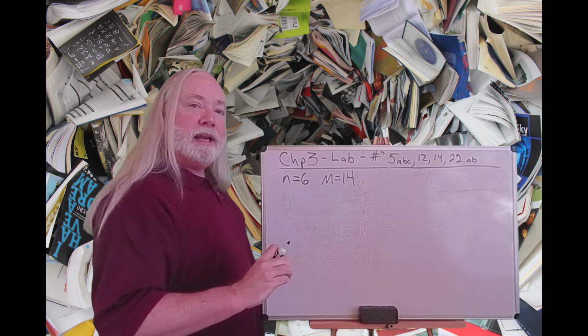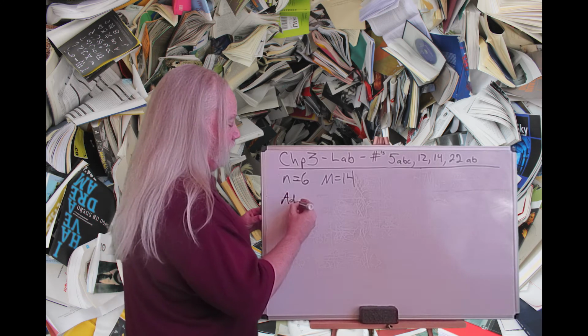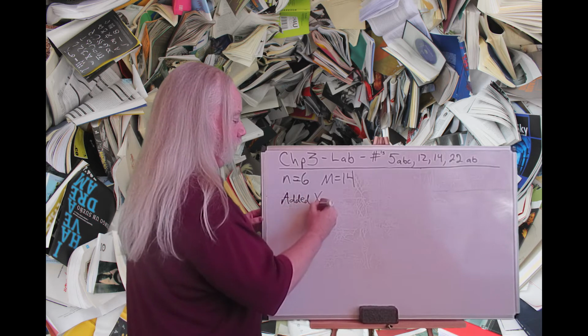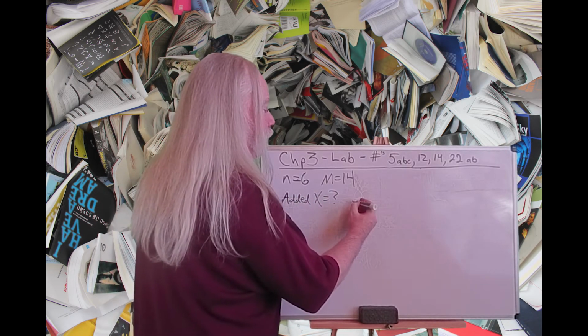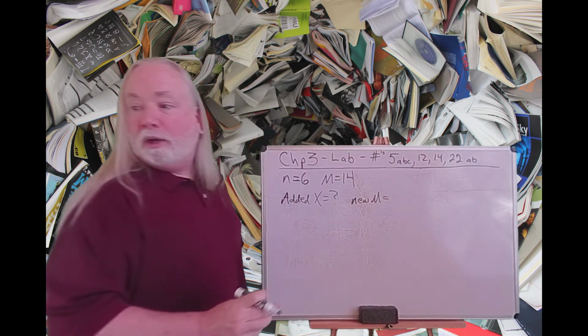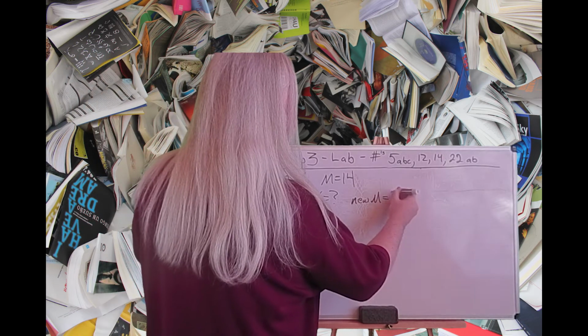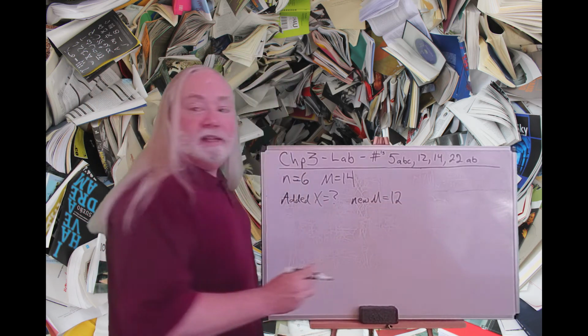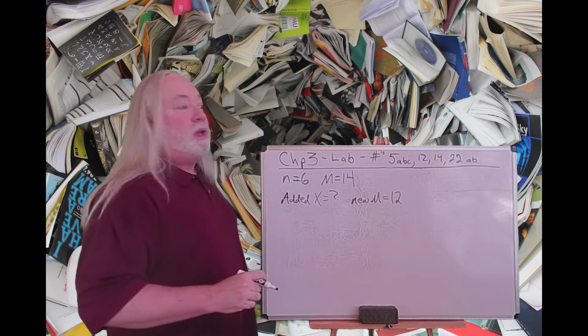So we're getting it a little bit different this way. They added a score, and that resulted in a new mean of 12, it says. And the question asks, well, what was the value of that score?